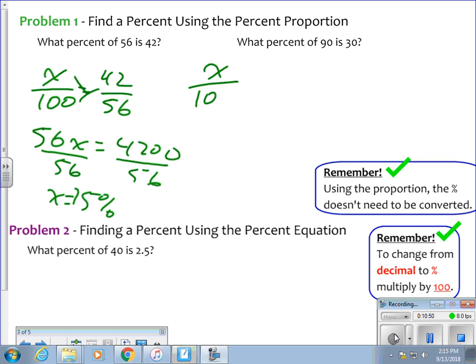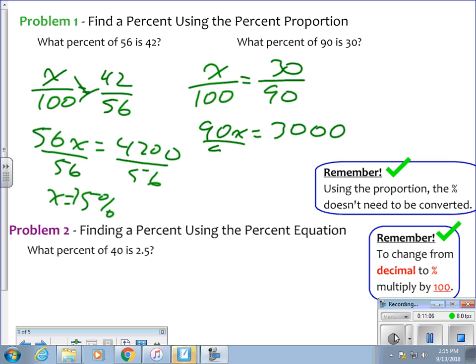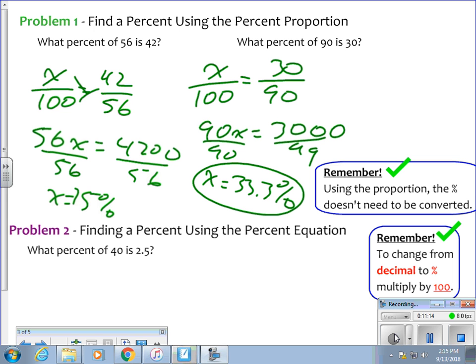What part of 100 is 30 of 90? Cross multiply, 90x equals 3,000. Divide both sides by 90. And you get x equals 33.3% or 1/3.